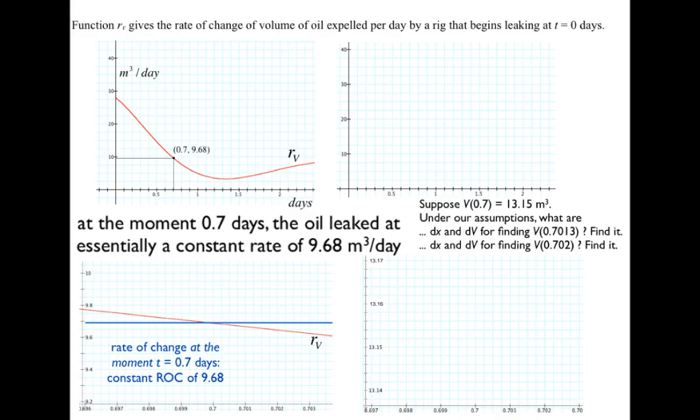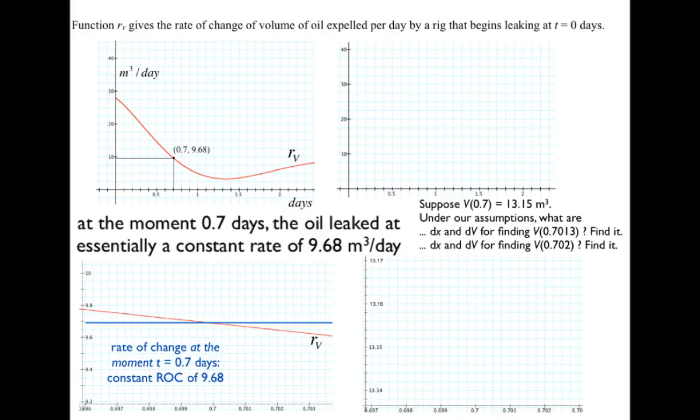Okay, so now we're going to put to work what we've been working on. We've got this constant rate of change at 9.68 for this moment around 0.7. Let's suppose, and I'm just giving you this, that at 0.7 days the volume that's leaked into the ocean is 13.15 meters cubed. So under our assumptions that it's just for around 0.7 that the rate of change is essentially constant, if our goal was to find V of 0.7013, then what would dx be?